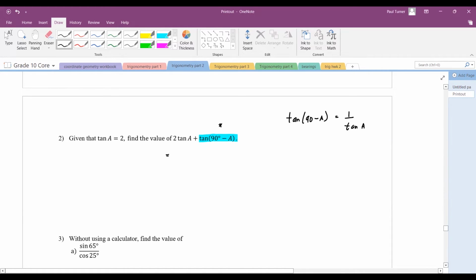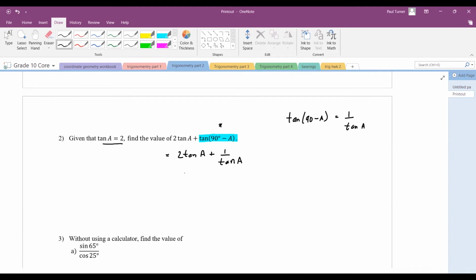So let's just write below here. We've got 2 tan A, which is fine because the value of tan A is given here. So 2 tan A, that's already simplified. Now tan 90 minus A is the same as 1 on tan A here. So we'll just substitute in, and we know that tan A equals 2.